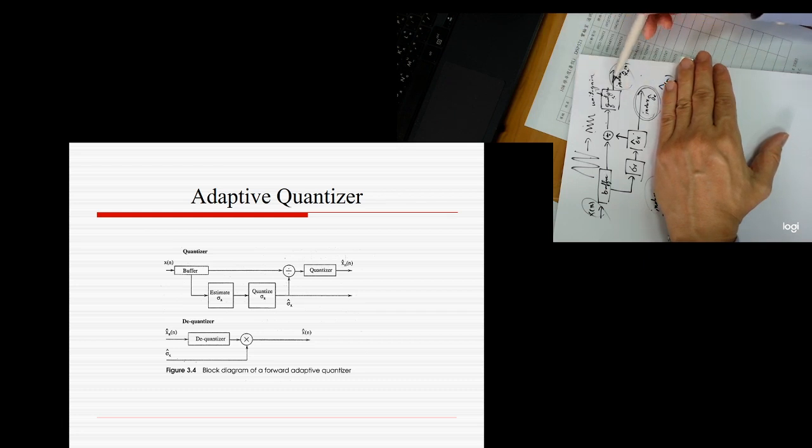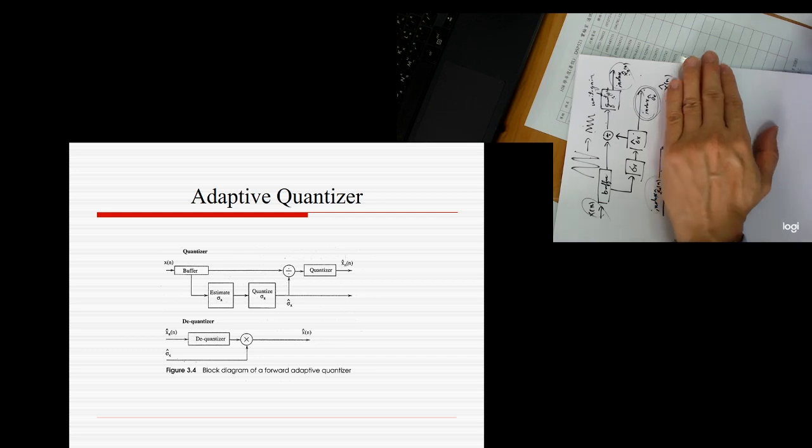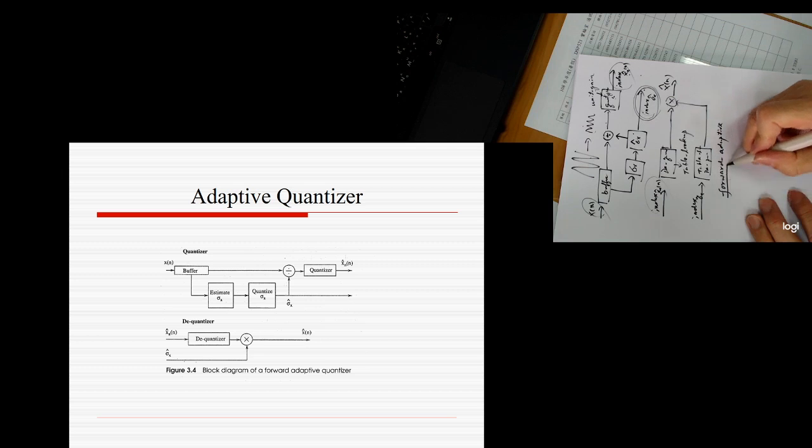We not only send the quantized data index, we also have additional overhead to tell the decoder how to adapt your quantizer. So this we call forward adaptive.